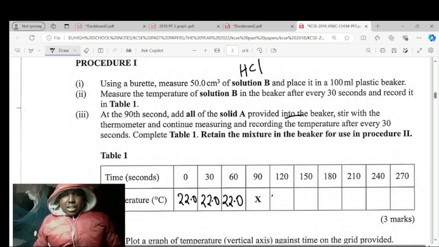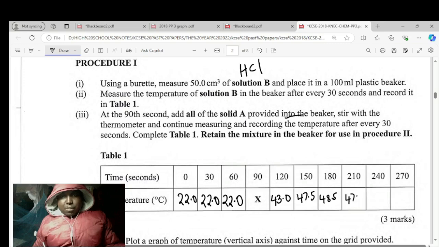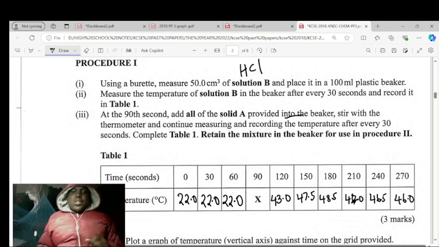It can end up at 43.0, it can end up at 47.5, it can end up at 48.5, and then it starts to drop: 47.5, 46, and so on, 47.0, 46.7, 46.5, and then 46.0. Record temperature using 1 decimal place.